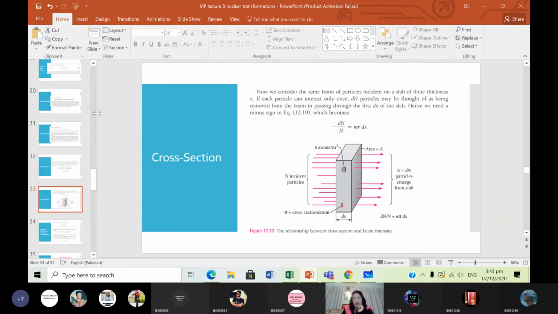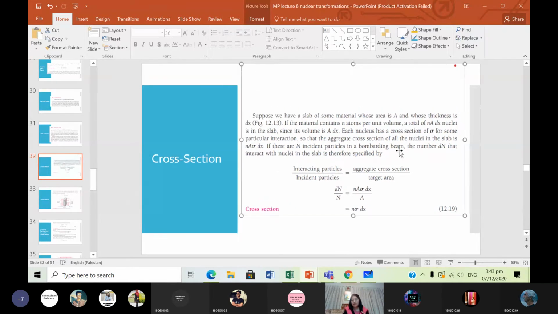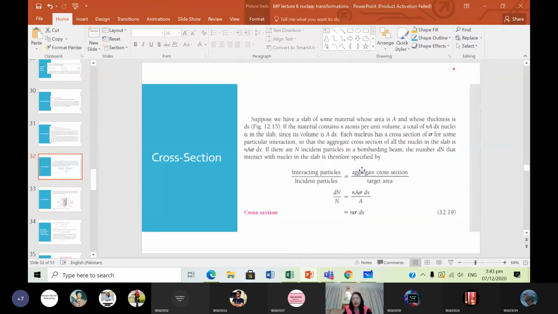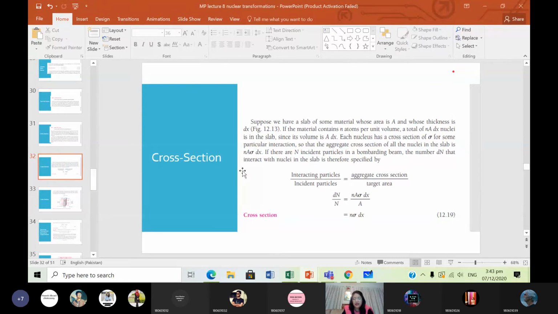And then you have to multiply that by sigma as well to get the aggregate cross-section. Each nuclei, a total of NA dx nuclei is in the slab, since the volume of the slab is A dx. Each nucleus has a cross-section of sigma for some particular interaction. So the aggregate cross-section of all the nuclei in the slab is NA sigma dx.